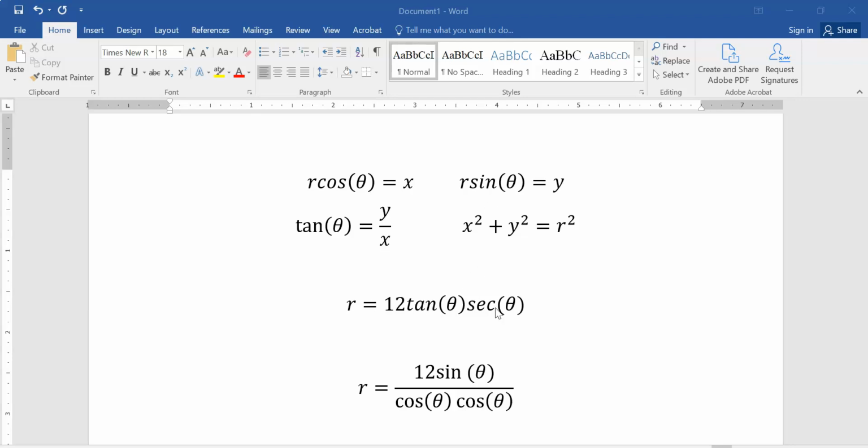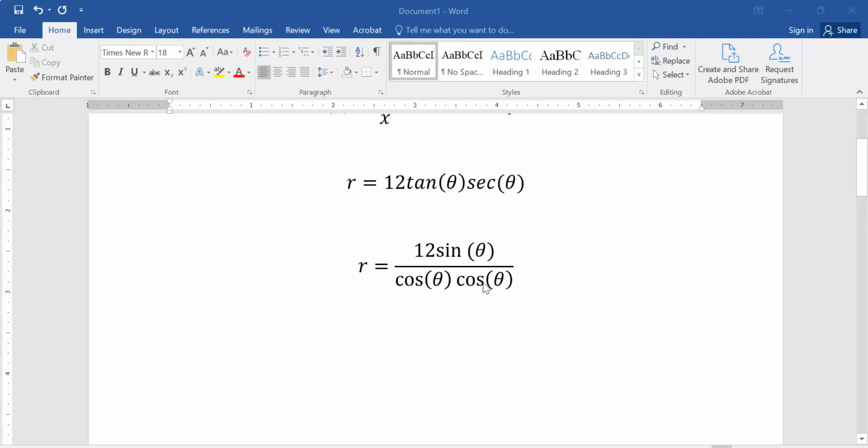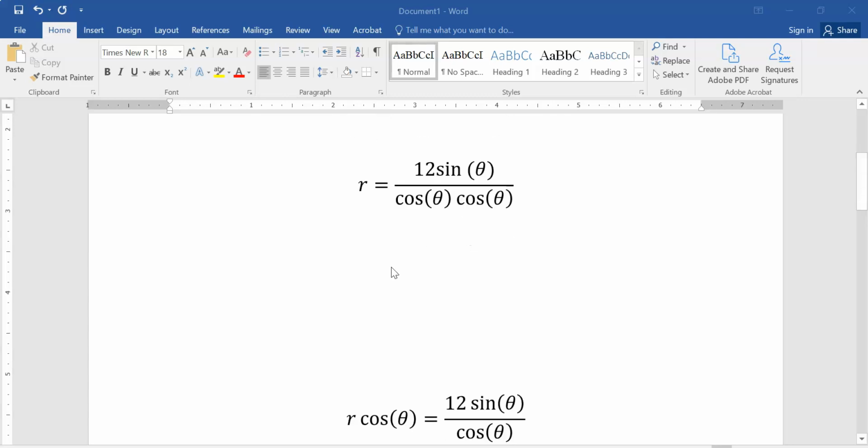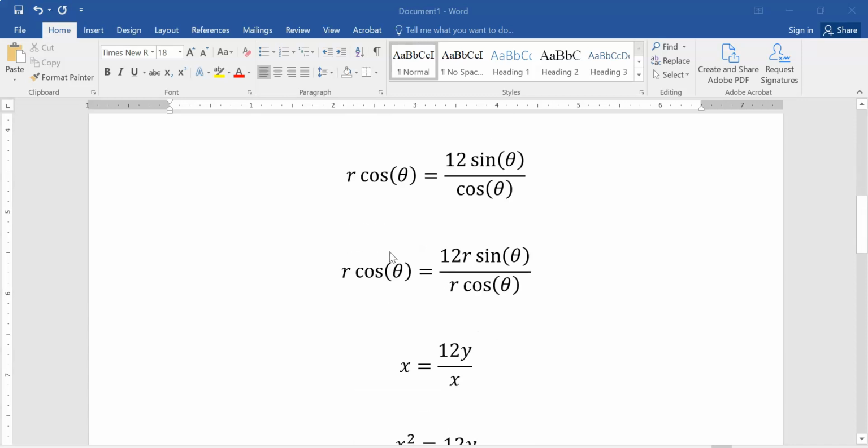If we replace everything with sines and cosines, then here's the technique we would use. We'd say 12 sine theta over cosine theta times 1 over cosine theta, because tangent is sine over cosine, secant is 1 over cosine. Now what I can do is get rid of one of these cosine thetas by multiplying both sides by cosine theta. If you do this technique, you get r times cosine theta.